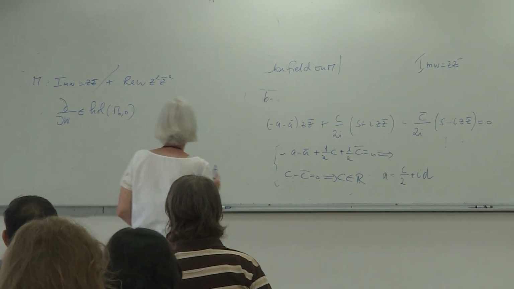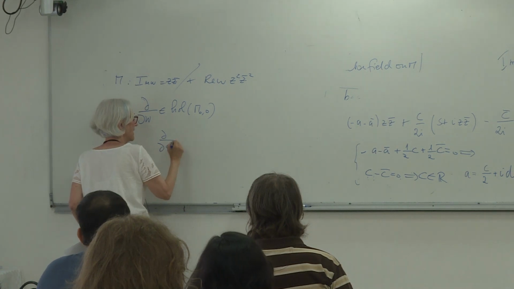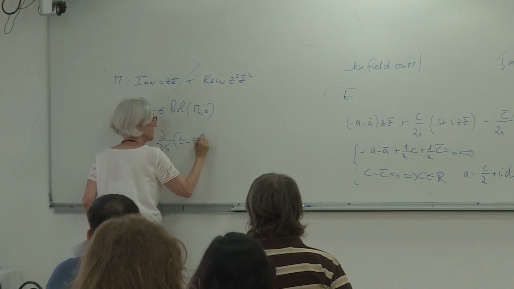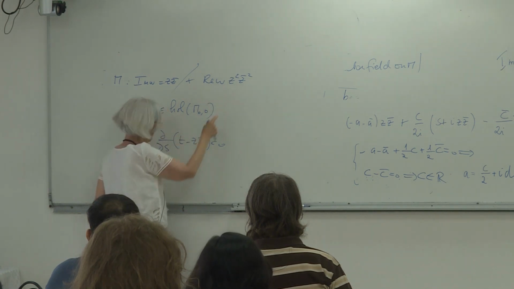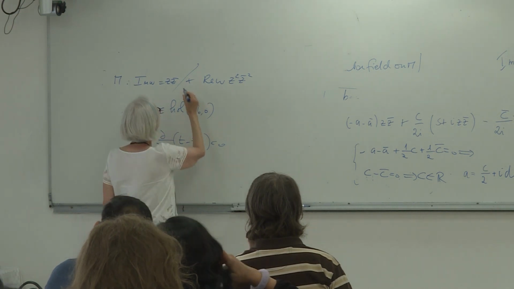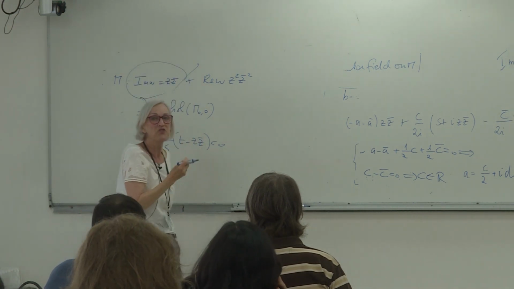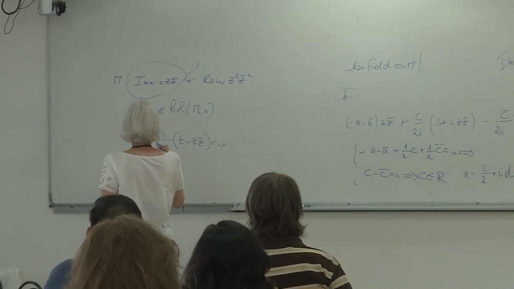Because there is a T, there is an S. Remember, that means that dDS, T minus ZZ bar is equal to 0. But if you meet an S here, it's not going to be 0. That's why we use this, one of the reasons. But it's very important that you have this guy.